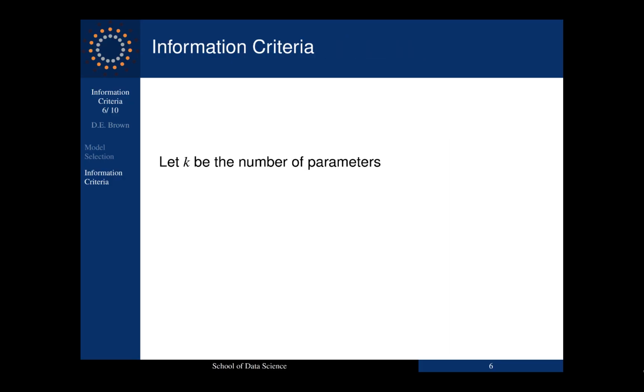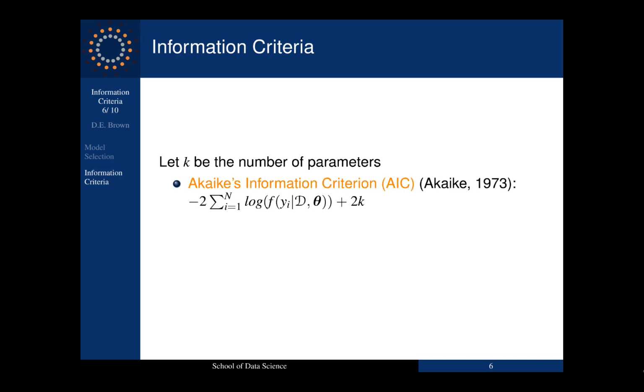All right, let's look at the information criteria that we can derive, particularly from these likelihood expressions. To do this, let k be the number of parameters. Then we have Akaike's information criterion, or AIC. This is perhaps the most widely used and well-known of all the information criteria and of all the penalty methods. It is the one that's most frequently used. It's used in tools, for instance, like stepwise regression.